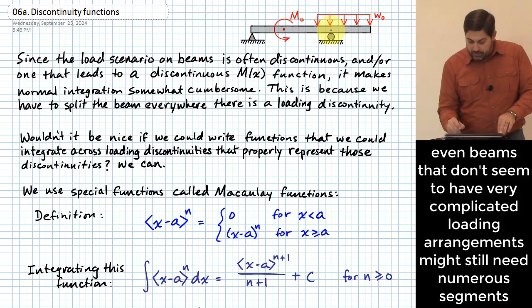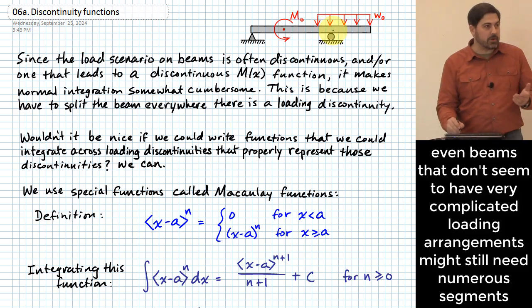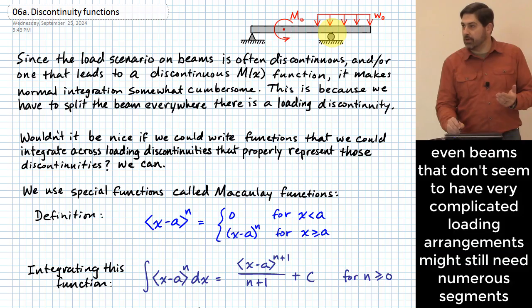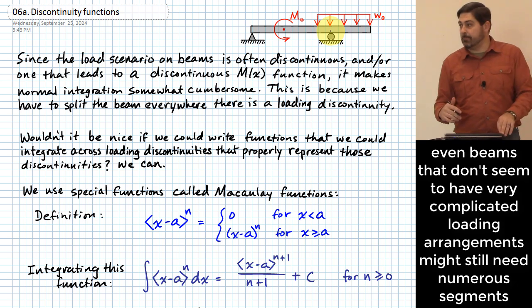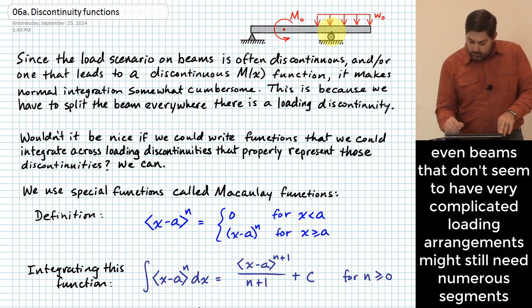Yeah, you can really only go up to the support, because that support actually represents a concentrated load. And so that's another discontinuity in the loading function, or the loading scenario on the beam. And then from there, we probably could go to the end of the beam.